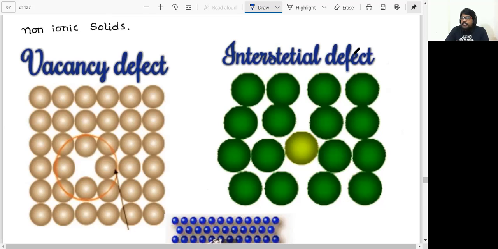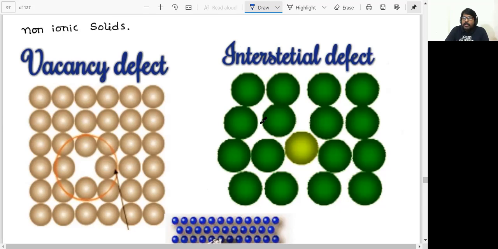And in interstitial defects, this is the additional particle. This additional particle is coming from an external source, and because of this, the mass of the unit cell increases and density will also increase.